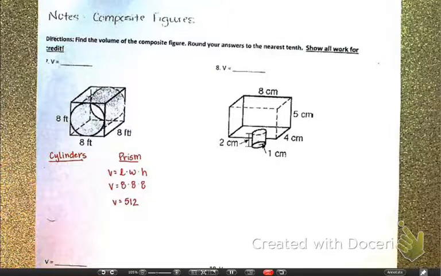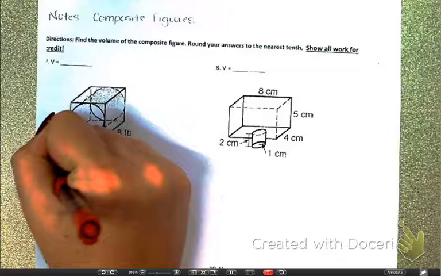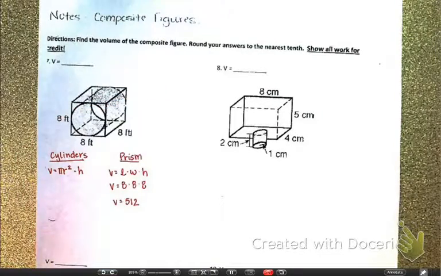So far, so good? We also see a cylinder. What is my formula for volume of a cylinder? Pi r squared, because it's the base area, times the height. Now, do you know what the radius is? Do you know what the diameter is? Yeah, what's the diameter? 8.